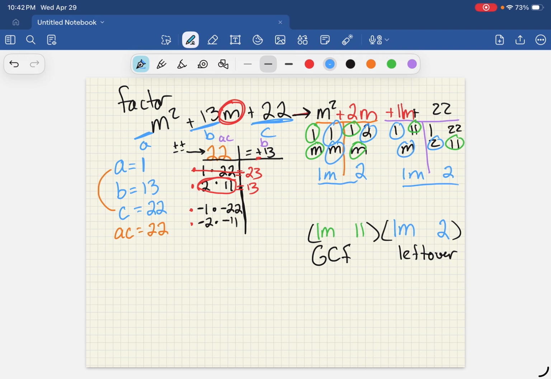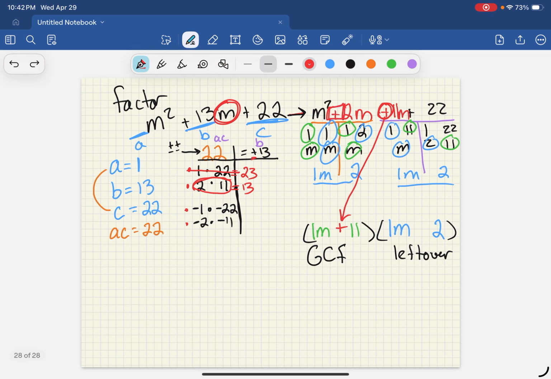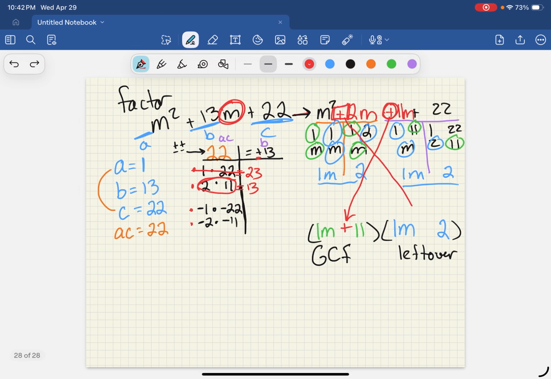Now, I have not put signs there yet. How I know what my signs are is I take the sign right here and always drop that down to my first parenthesis. Then the sign right here in front of the 2m, I take that and drop it down to my second parenthesis, and this will always work.